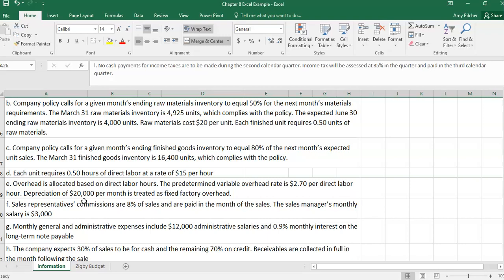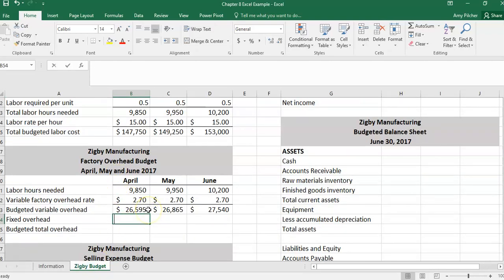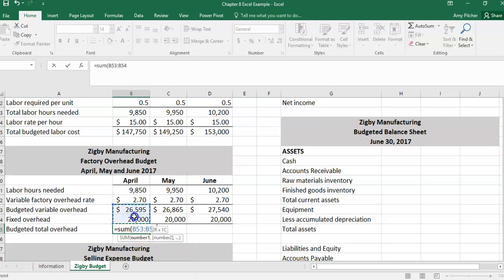That is important information because as part of this operating budget, we're going to make a cash budget. And we don't want to include this $20,000 in depreciation as part of our cash expense. So we have $20,000 each month for depreciation. We add those two together and we get our total overhead budget.